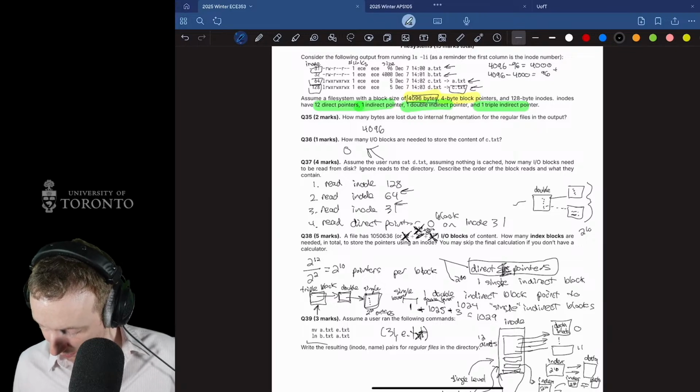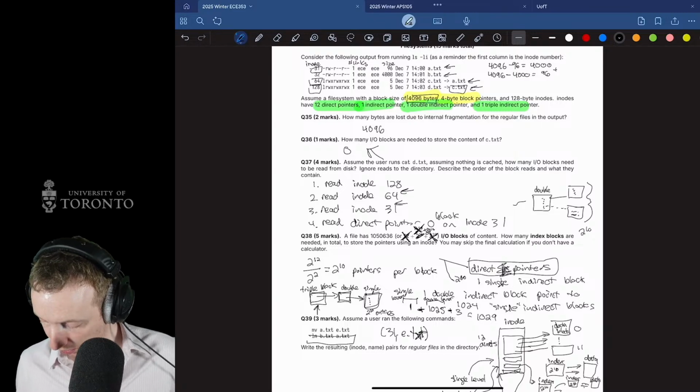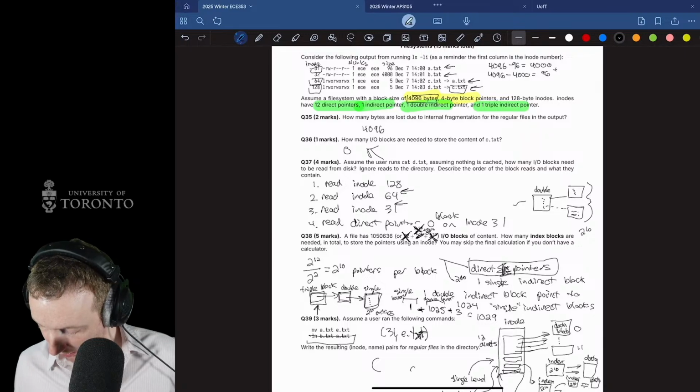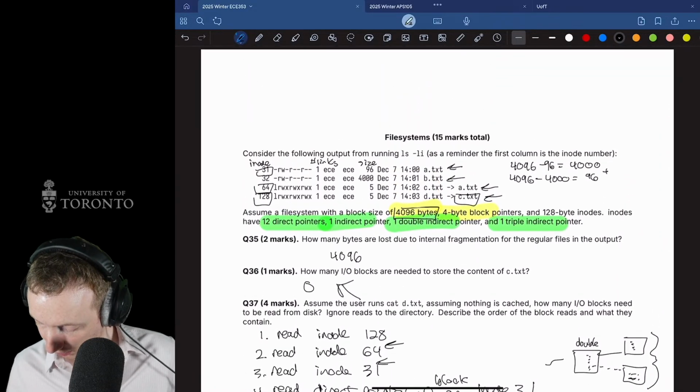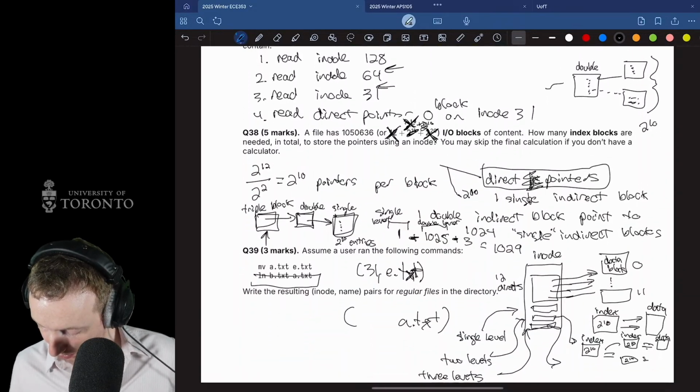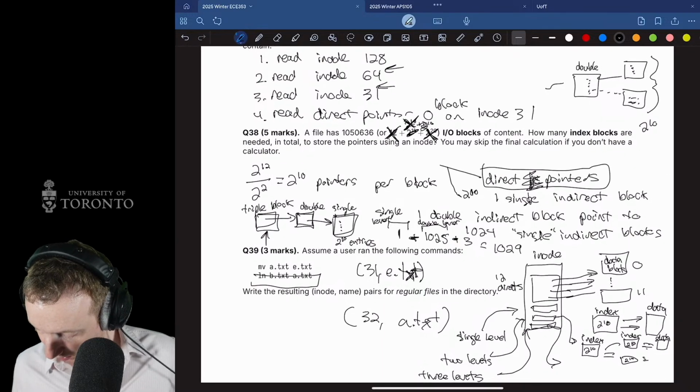And then if we do ln b.txt, that creates a hard link. The new name is called a.txt, and it will refer to the same inode as b.txt. And up here, b.txt is 32. So it would be 32.